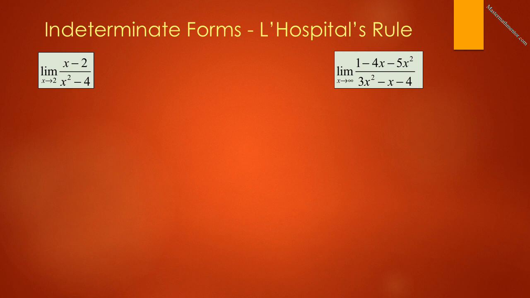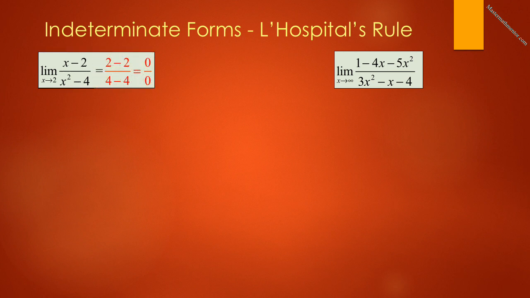We first studied problems that were in the form of the limit as x approaches 2 of x minus 2 over x squared minus 4, or the limit as x approaches infinity of 1 minus 4x minus 5x squared over 3x squared minus x minus 4.